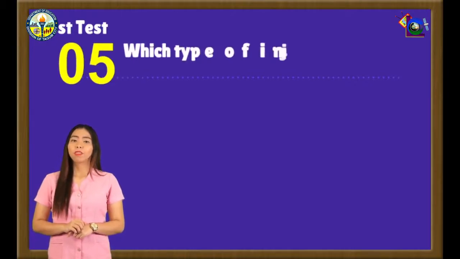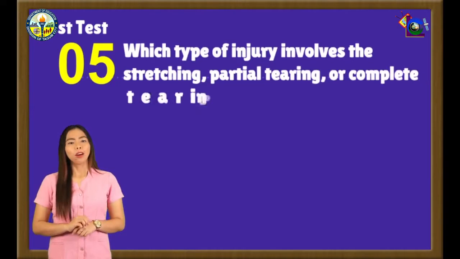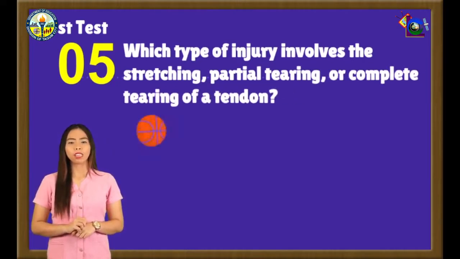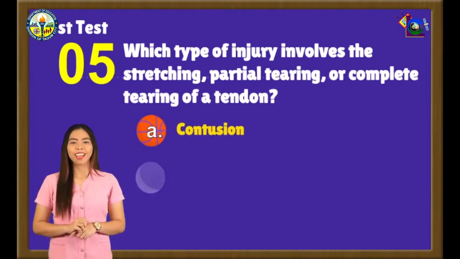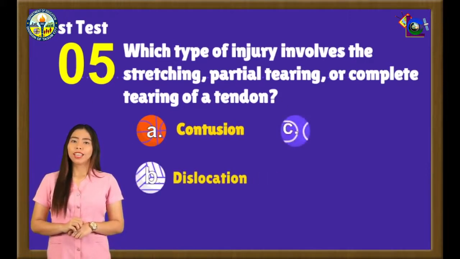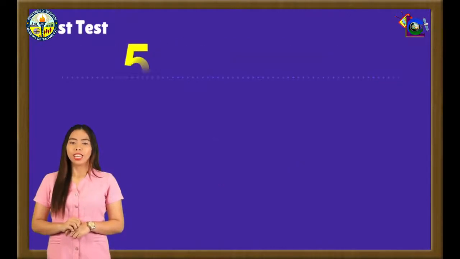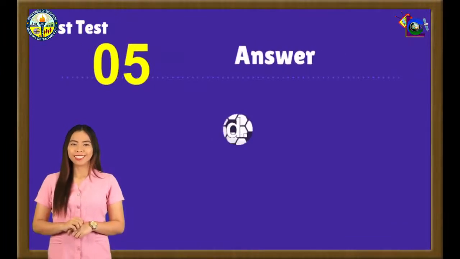Number 5. Which type of injury involves the stretching, partial tearing, or complete tearing of a tendon? A. Contusion. B. Dislocation. C. Sprain. Or D. Strain. The correct answer is letter D. Strain.